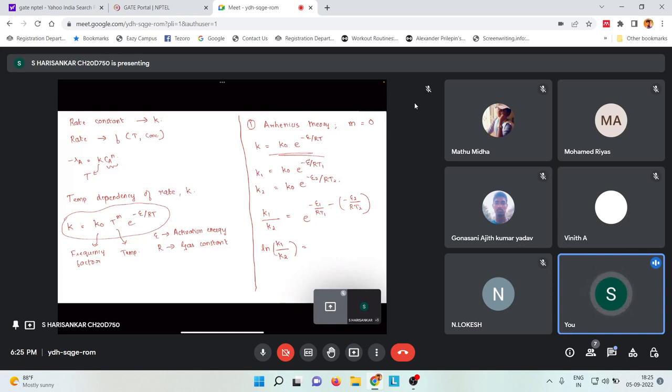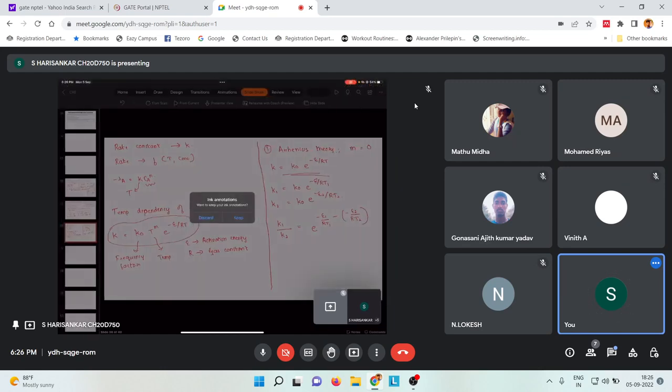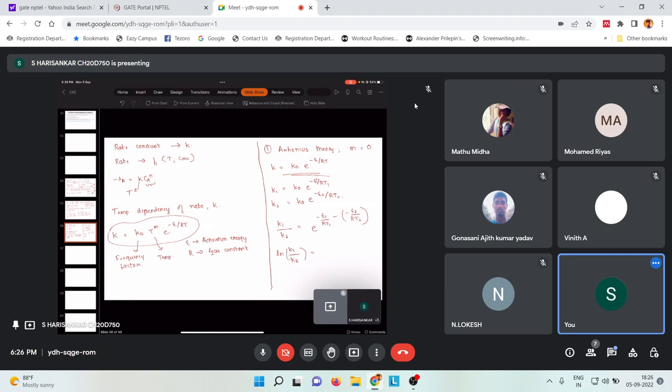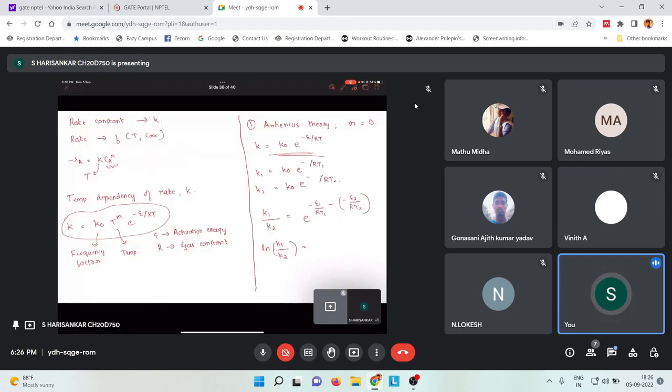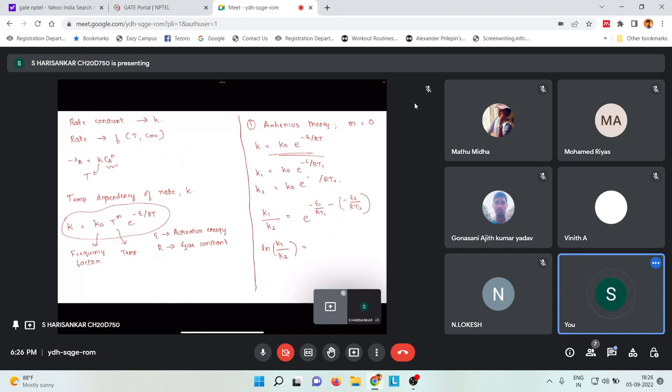So what we'll get on the right hand side is, okay, yeah, so there is one more thing we need to notice here. So I said k1 and k2 are for two reaction rates. No, it's actually k1 and k2, e raised to minus E and minus E.